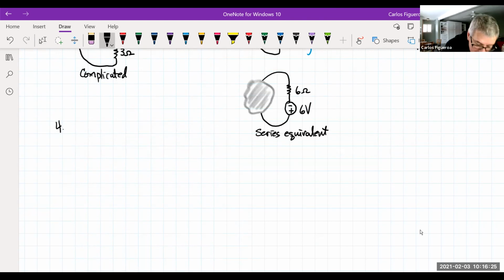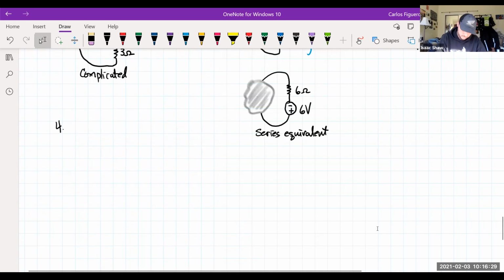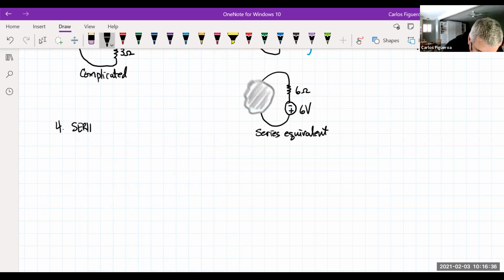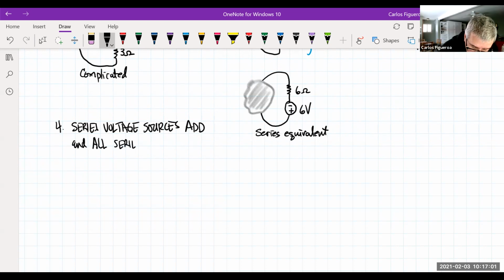So the fourth one here is that series voltage sources add, and all series current sources must be the same value.